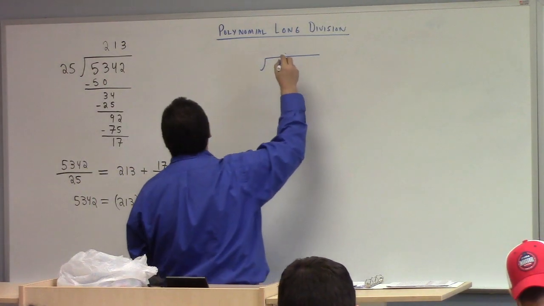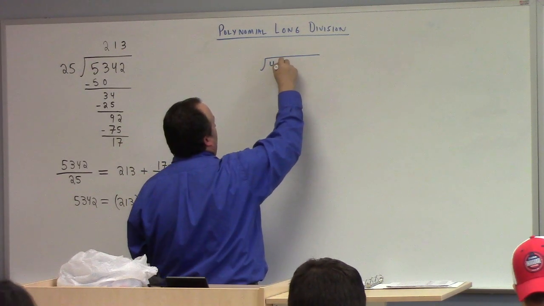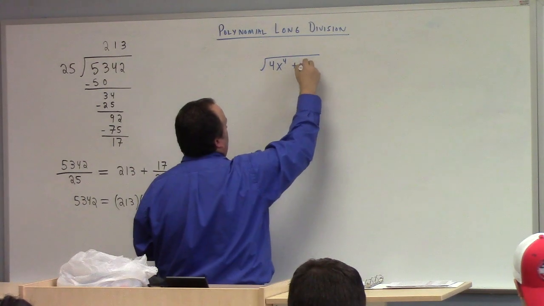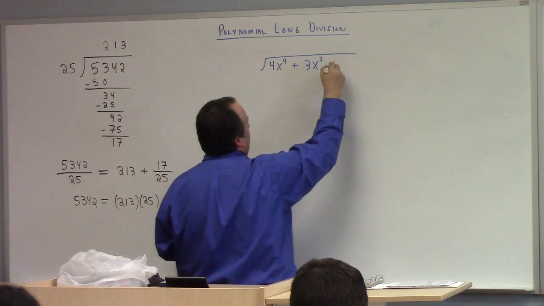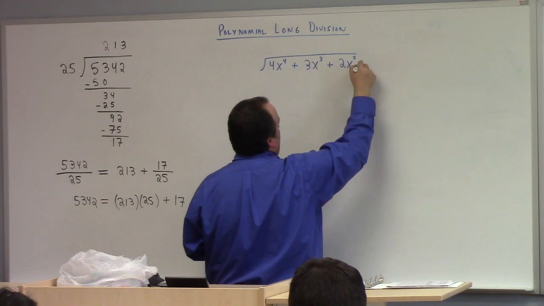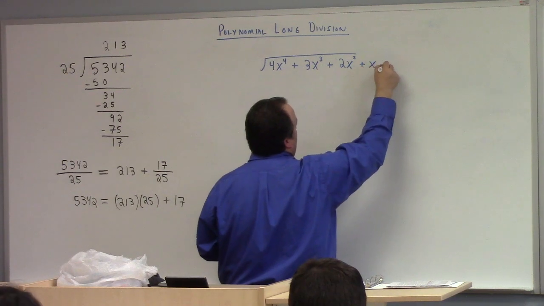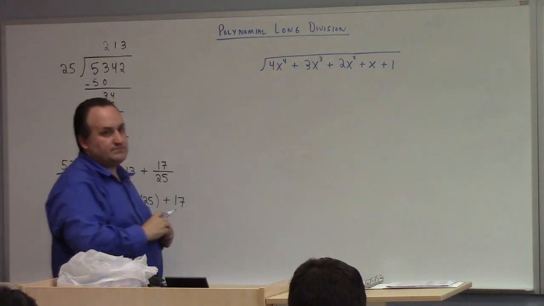So here we go. 4x to the fourth power plus 3x cubed, all right, plus, let's say, 2x squared plus x plus 1. All right, that's ugly enough. Yep.